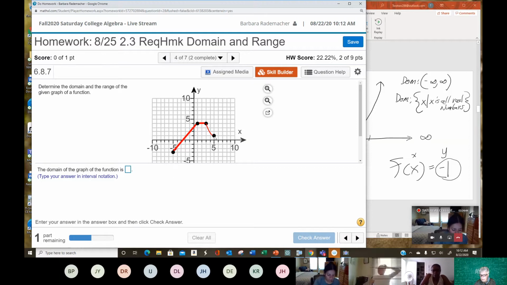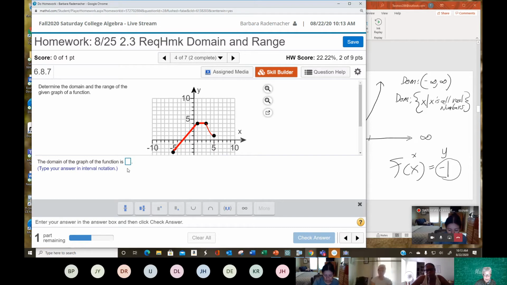And notice that the end points are actually solid. So this end point ends up with negative 5 on the x-axis and positive 5 on the x-axis, which means I'm going to use brackets. And you've got brackets on your keyboard. So here's the left bracket.